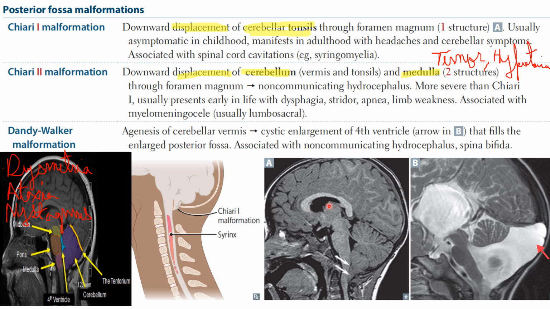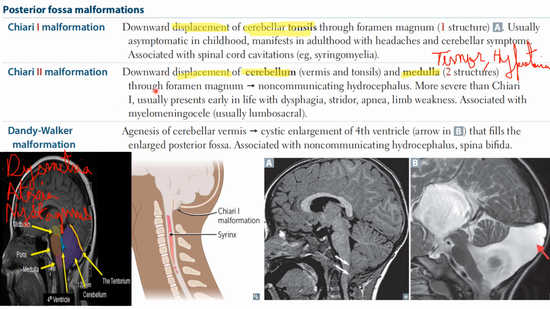It could be a tumor or anything which is obstructing it from passing, which eventually is going to create intracranial pressure here, which is going to turn into the enlargement of the ventricle system, ventricles. And it is more severe than Chiari I.